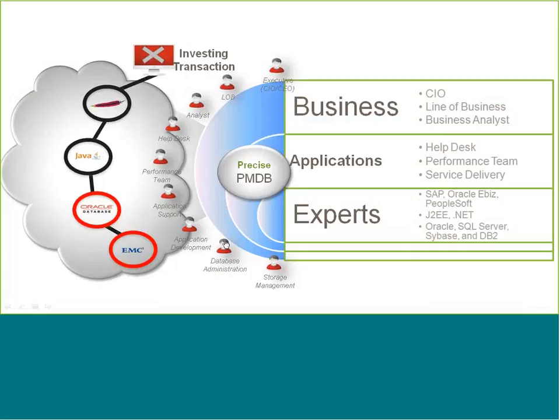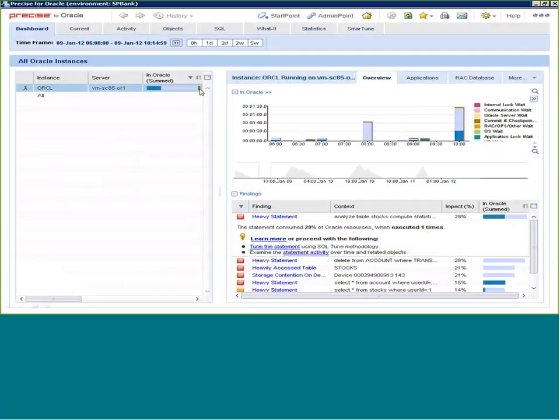The solution also includes the database tier, and so I can go in, I can evaluate a database instance. Once again, the y-axis is where the time was spent, the x-axis is time across the day. There's a findings report that just automatically tells me what's happening on the system and what I might look at. Now, one of the things about Precise's findings report is it doesn't just look at logs or wait states.